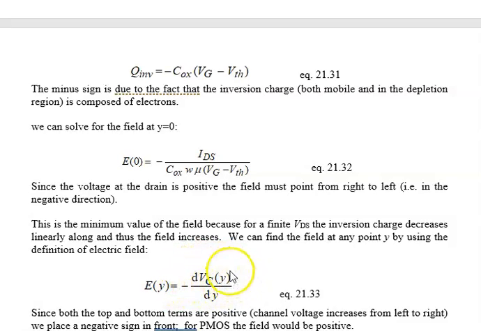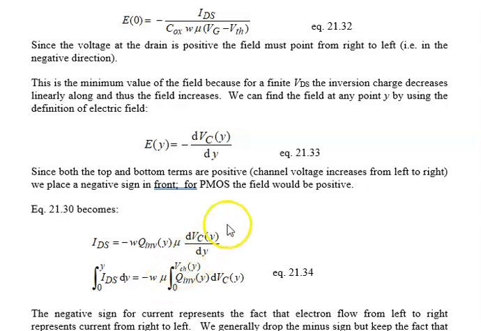So the numerator here is positive. The denominator is positive because it's always positive going in the positive direction. So the derivative is positive. And I just want to stick a minus sign in there just to remind me, for now at least, that the electric field is negative.